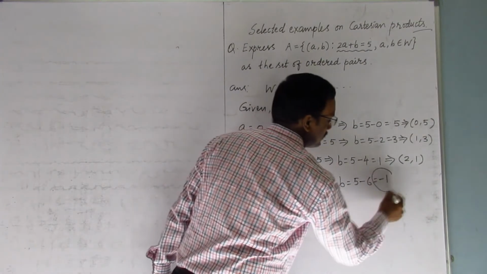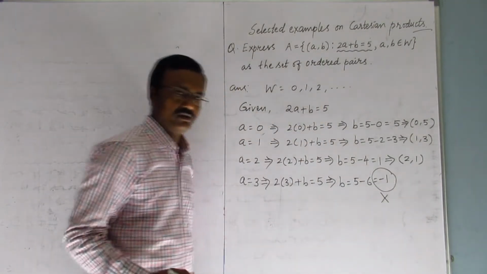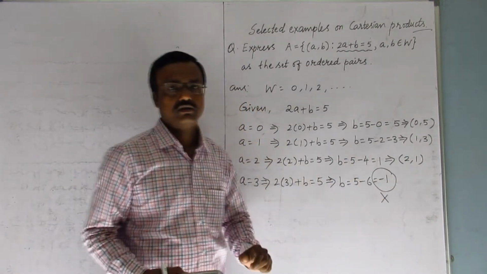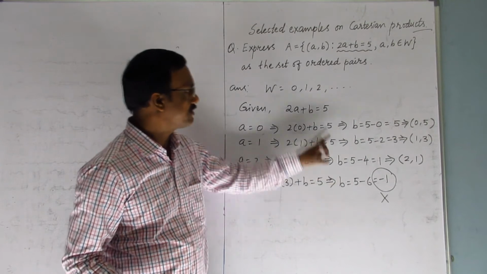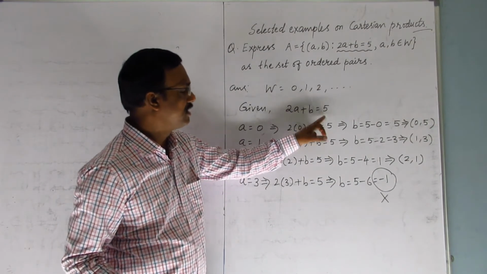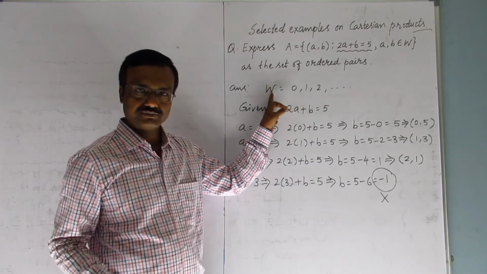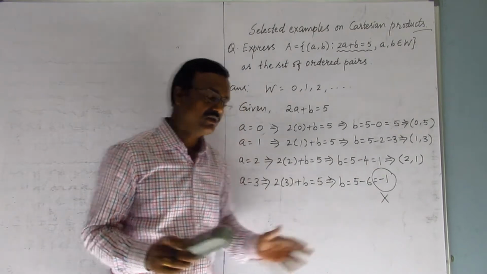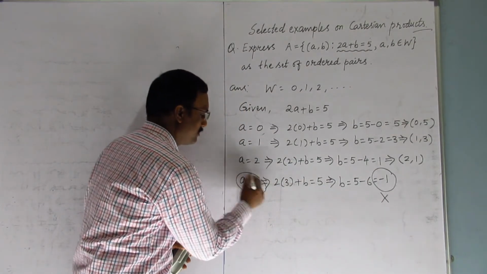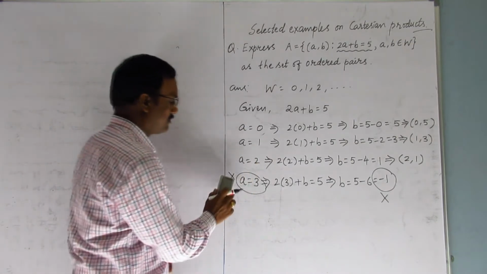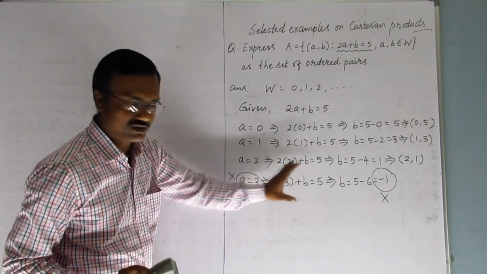Oh, this is not possible, because the value of b cannot be minus 1. b also we have to choose from W, satisfying this relation 2a plus b equal to 5. So the value of b as minus 1 is not possible. That's why this particular value of a is also not possible. So we have to delete this situation. So this condition is not possible.